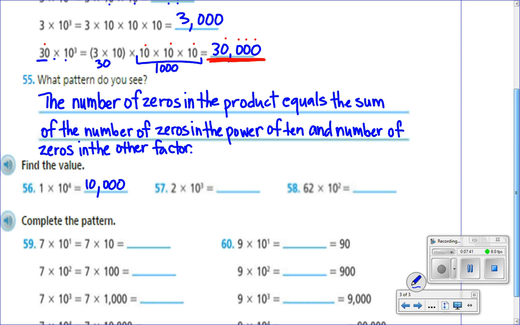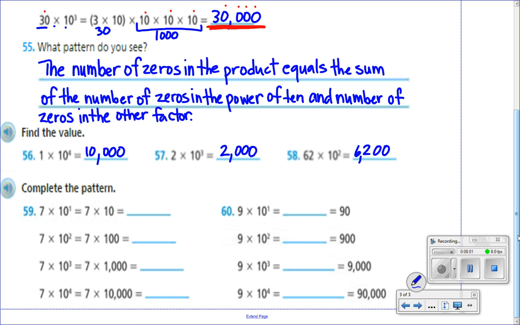How many zeros should there be? I hear you. 3 of them. Now, 62 times 10 to the 2nd power. I heard you. 2 zeros. Nice work. We're going to do 2 more. I think you're starting to see this. I think you're catching on here.